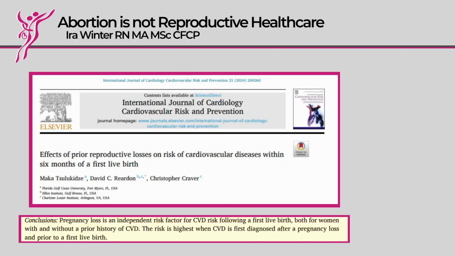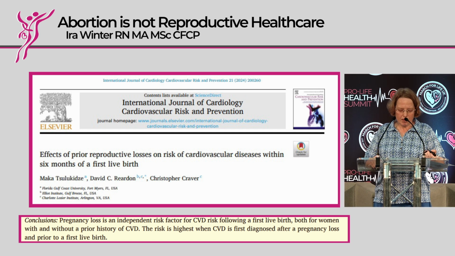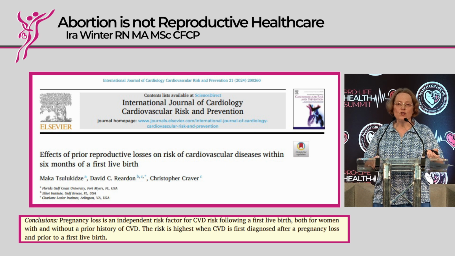So here, for instance, we have a study from earlier this year that shows a correlation between abortion and pregnancy loss. Now, the authors did try to drill down the data to differentiate between induced abortion and natural miscarriage.